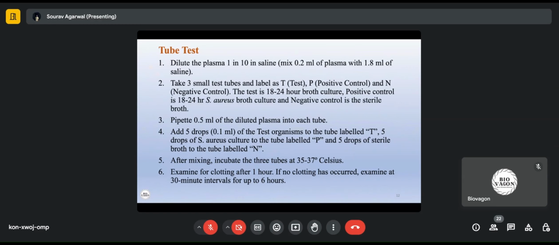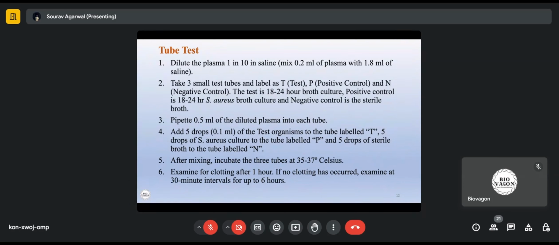To the tube labeled T, we add 5 drops of the suspension of our test organism. To the tube named P, the positive control, we add 5 drops of our Staphylococcus aureus culture broth. And to the tube named N, the negative control, we add 5 drops of sterile broth.